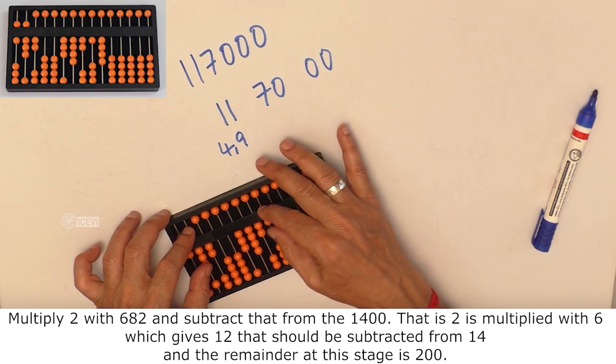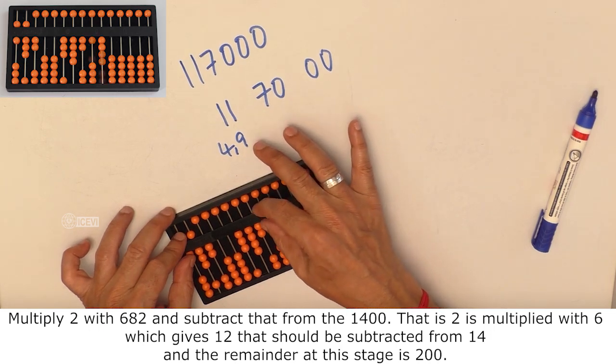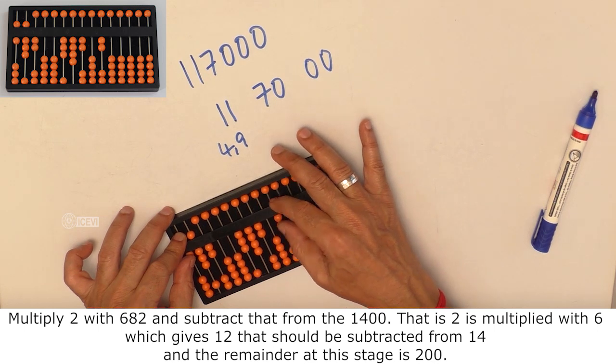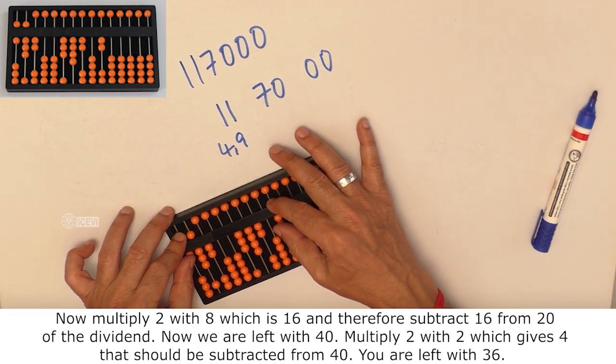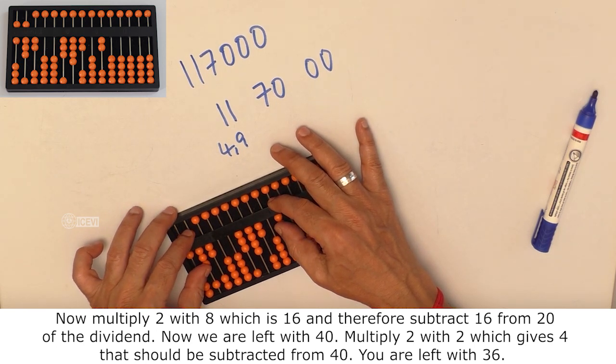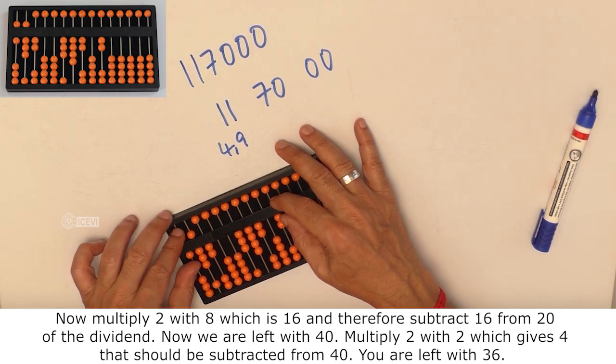Now multiply 2 with 682 and subtract that from 1400. That is 2 is multiplied with 6, which gives 12. That should be subtracted from 14 and the remainder is 200. Now multiply 2 with 8, which is 16, and therefore subtract 16 from 20 of the dividend.